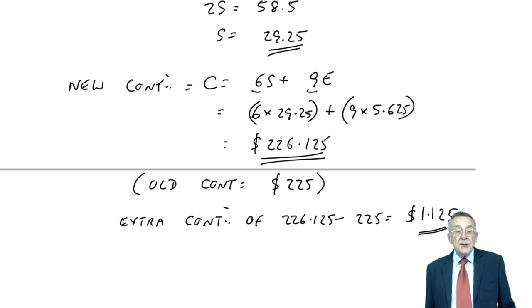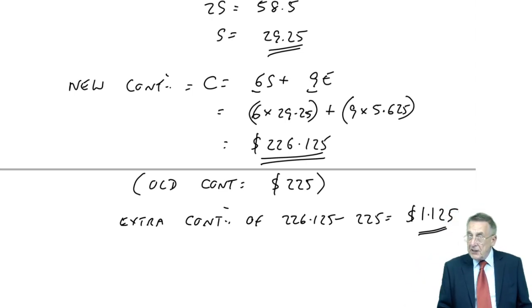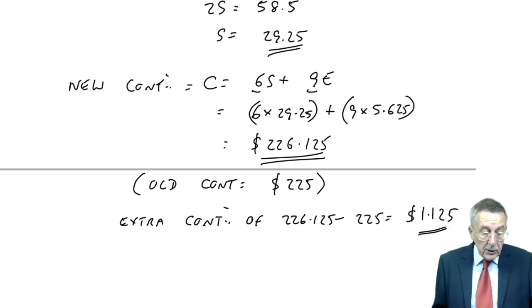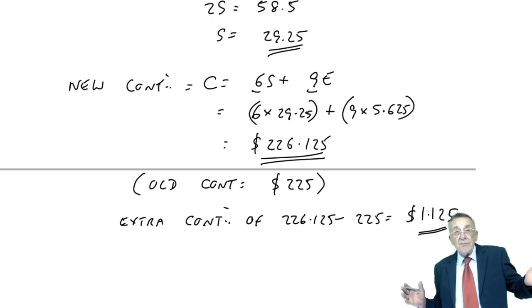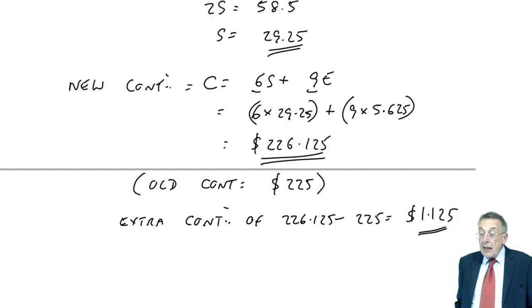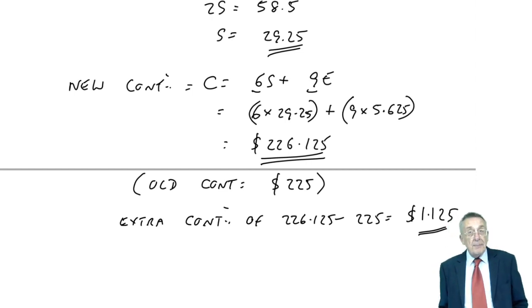And that would only be the case if we carried on paying the normal price for materials. I don't know what the normal price is. Maybe currently it's $5 a kilo. Well, if you carried on at $5 a kilo, an extra kilo would generate 1.125 extra contribution.